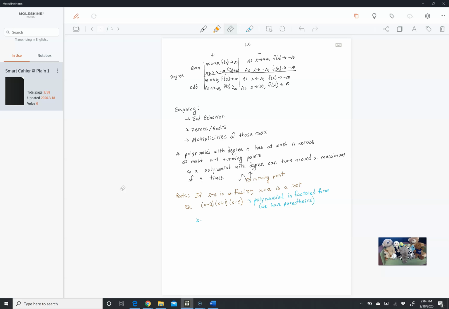So we're saying x minus 2 is a factor. So x equals 2 is a root. This is nothing new because we did this with quadratics. Then we're saying x plus 1 is a factor.